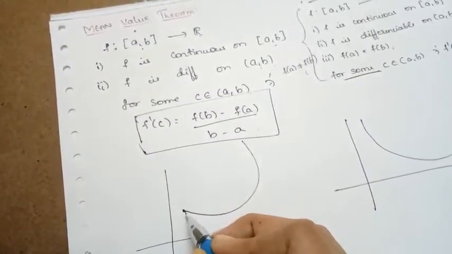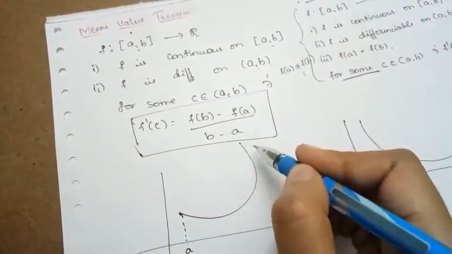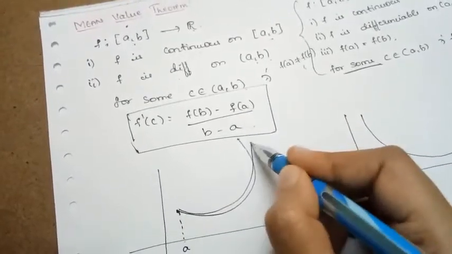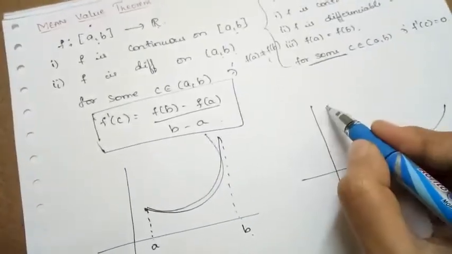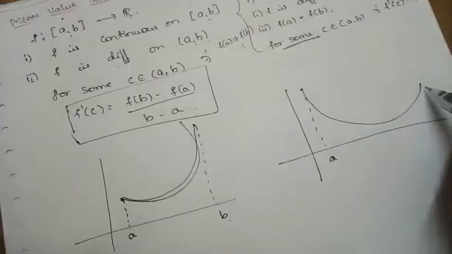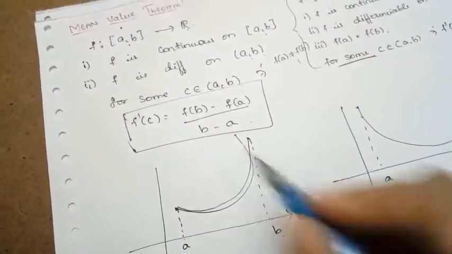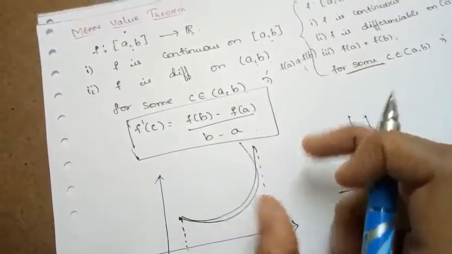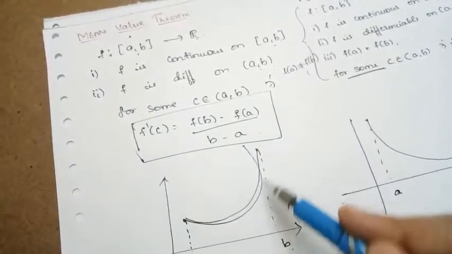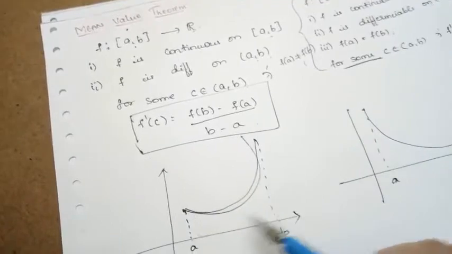So you can see here the graph, this is our point say A, and if I draw like this, this is our point say B. Similarly here, this is our point A and this is our point B. So clearly this graph is a continuous one because I drew this graph without any break, and it is differentiable. Since there are no sharp edges, we can draw the tangent at every point of this graph except at the end points.